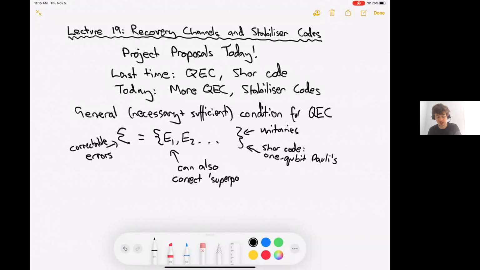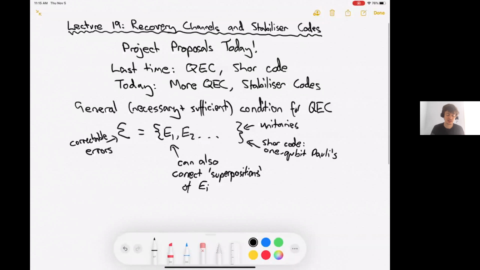Even though that's a finite set of errors and there are infinitely many possible ones, any operator acting on 1 qubit can be written as a sum of Pauli operators and the identity.